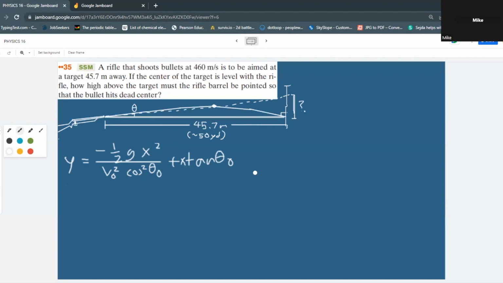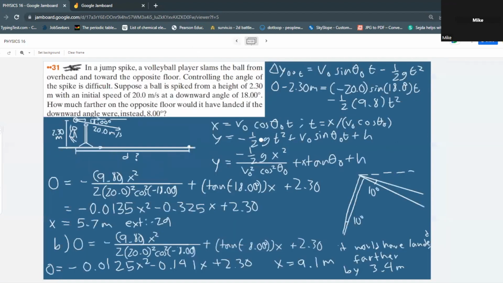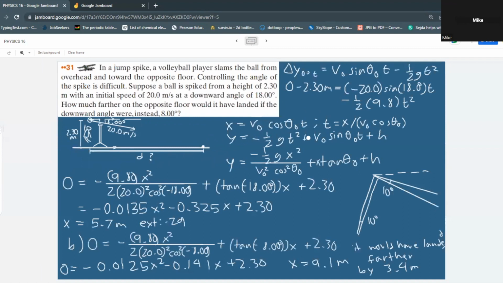Okay, so 0 is equal to... Instead of using 45.7, call it d. Is it the same thing? Let's see. -1/2, yes.